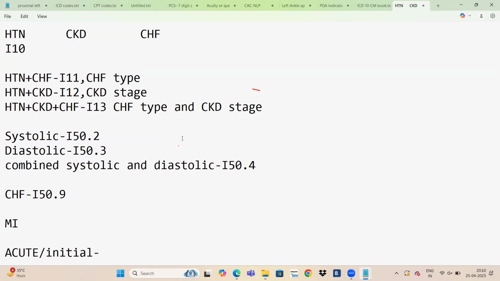What is the specific type of CHF, you need to identify and add if documented. If they have not documented any specificity, they mention simply CHF or heart failure, you need to consider it as unspecified heart failure. Clear? Yes, clear.